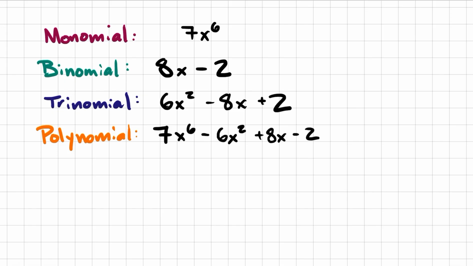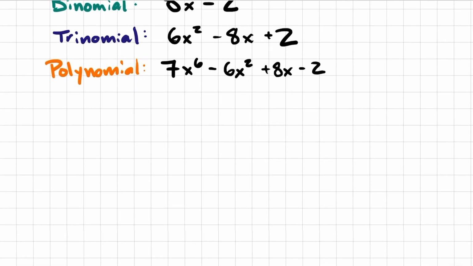So this is one of the parts that we use to classify it. We do it by the number of terms. And the second part is we do it by the degree. Okay? So when we just have a singular number, if you remember earlier, I called that a constant.